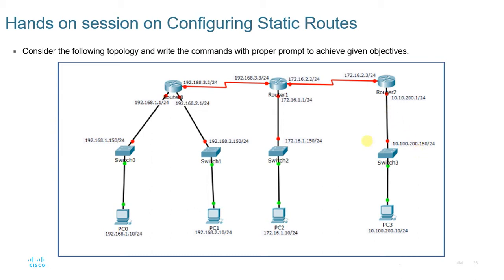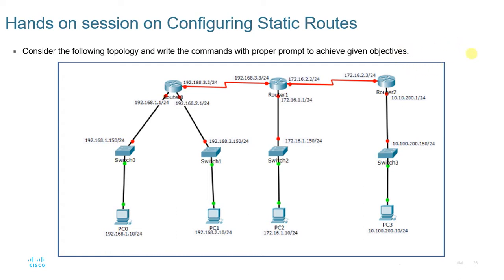So we have to add routes to these networks, 192.168.1.0, 2.0 and 10.100.200.0. For these networks we have to manually add the routes. Now come to router 2. Again we will see here these two are directly connected, the rest are all remote networks, and we have to manually add the routes for all remote networks.